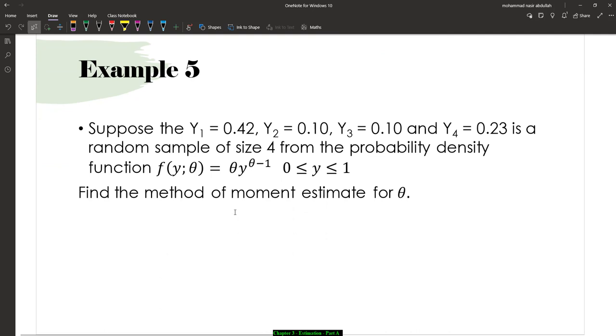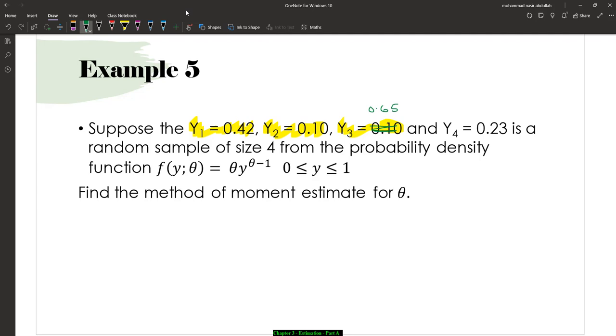So let's look at example number 5. Suppose we have y1 equal to 0.42, y2 is equal to 0.1, y3 is equal to 0.65, and y4 is equal to 0.23.